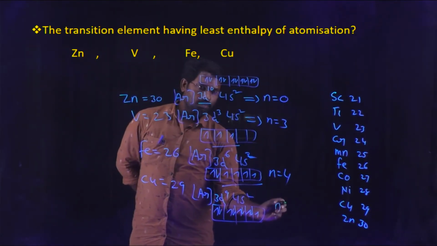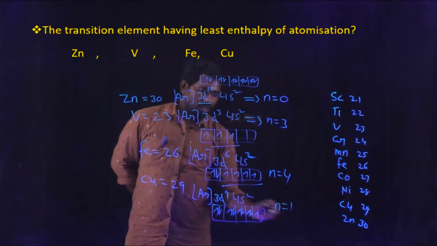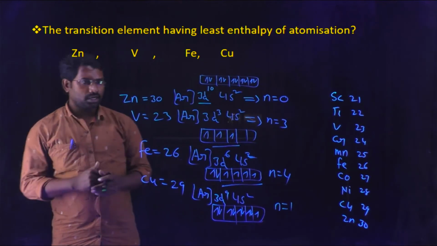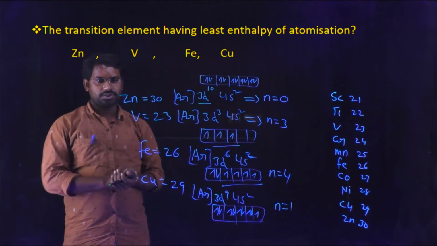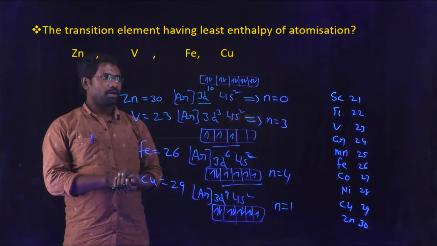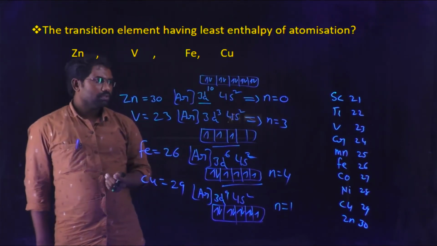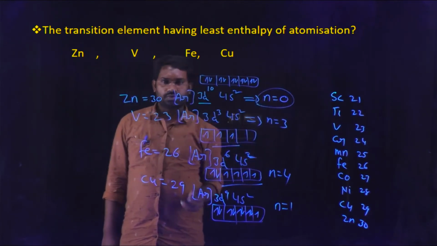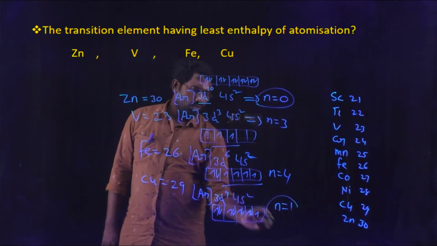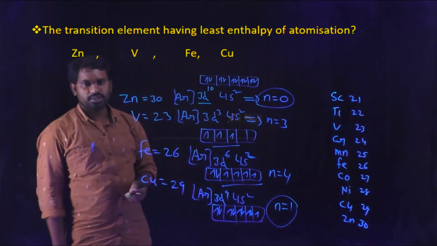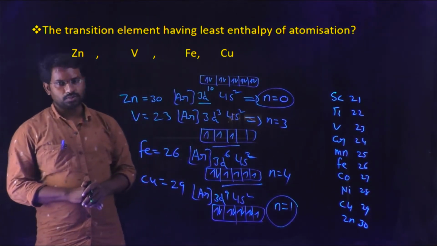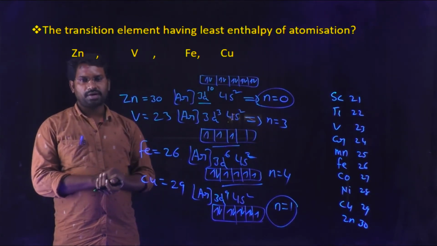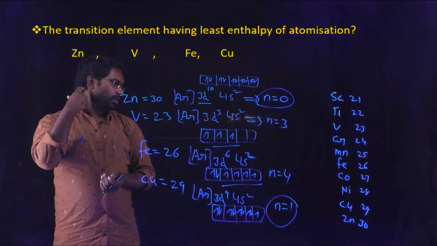The n value is equal to 1. After writing the electron configurations of these four atoms, zinc, vanadium, iron, copper, which has the least value? Zinc, with n equal to 0, and copper has n equal to 1. But actually the original answer is zinc. The transition element having least enthalpy of atomization, the original value, is zinc.